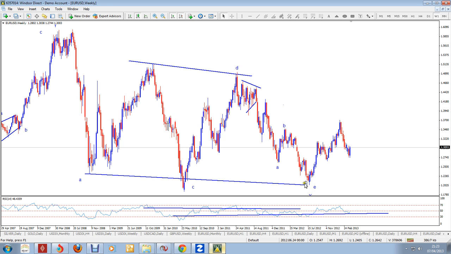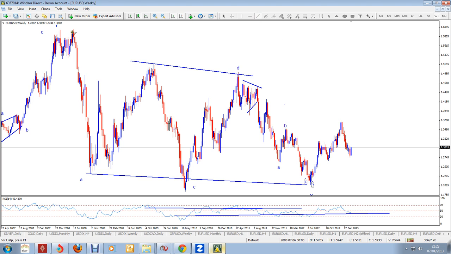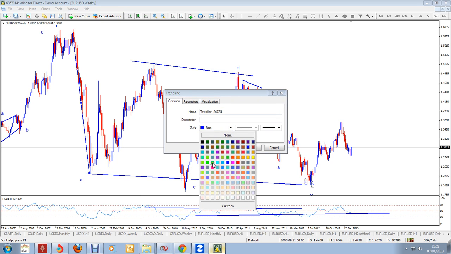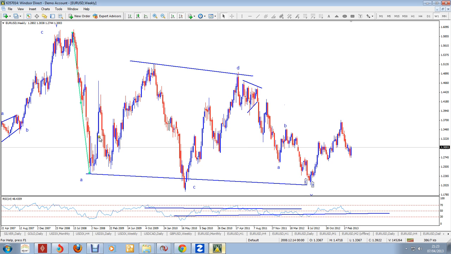So that's my reason for expecting the triangle to finish here. And if that finishes there, then overall we've got like that. I'll make that one a different color. So we've got that.